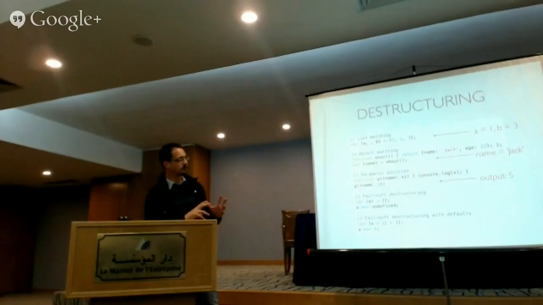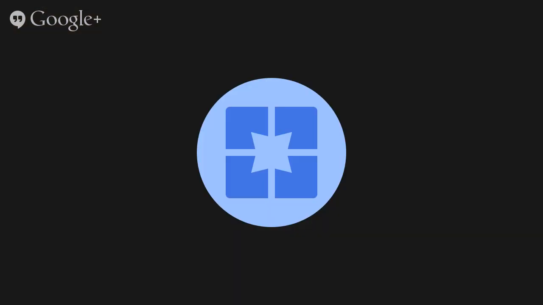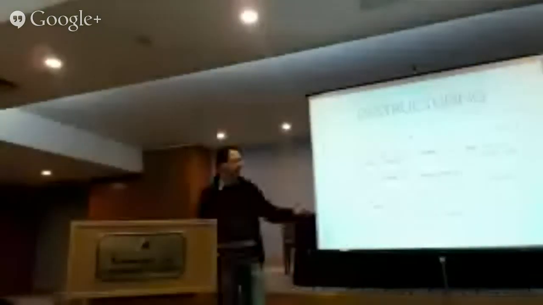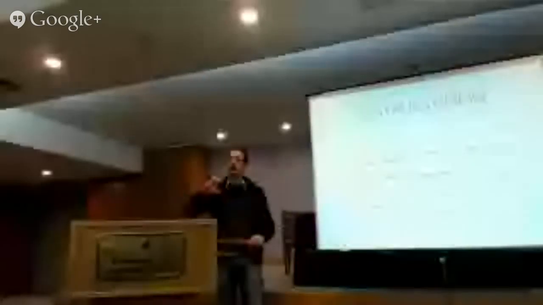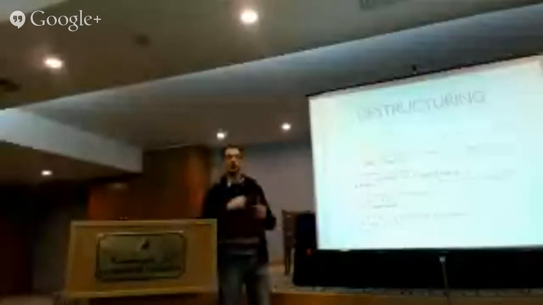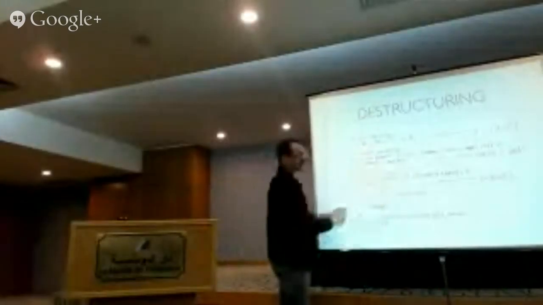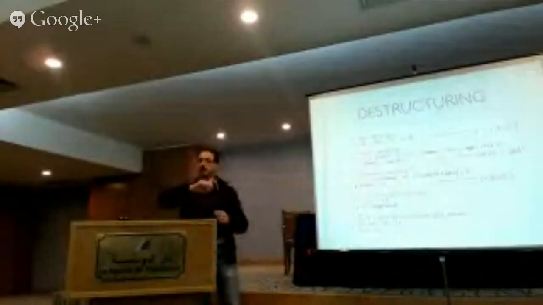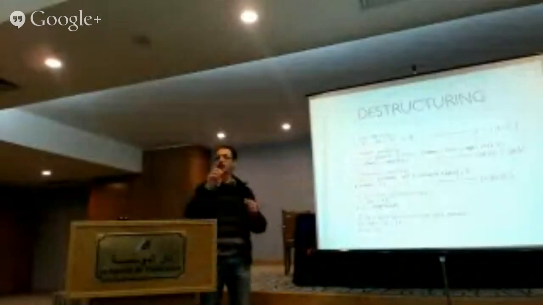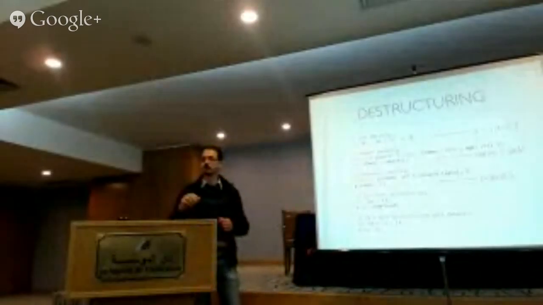So this way, I can have a function that receives an object for the parameters, and the order of the parameters is not important anymore, because it will assign to the different parameters the values by name and not by position. Okay?